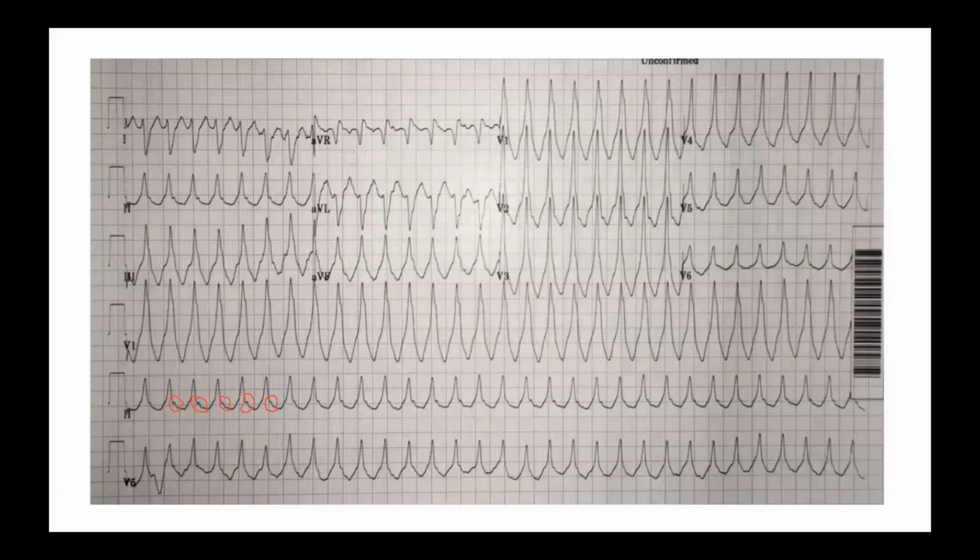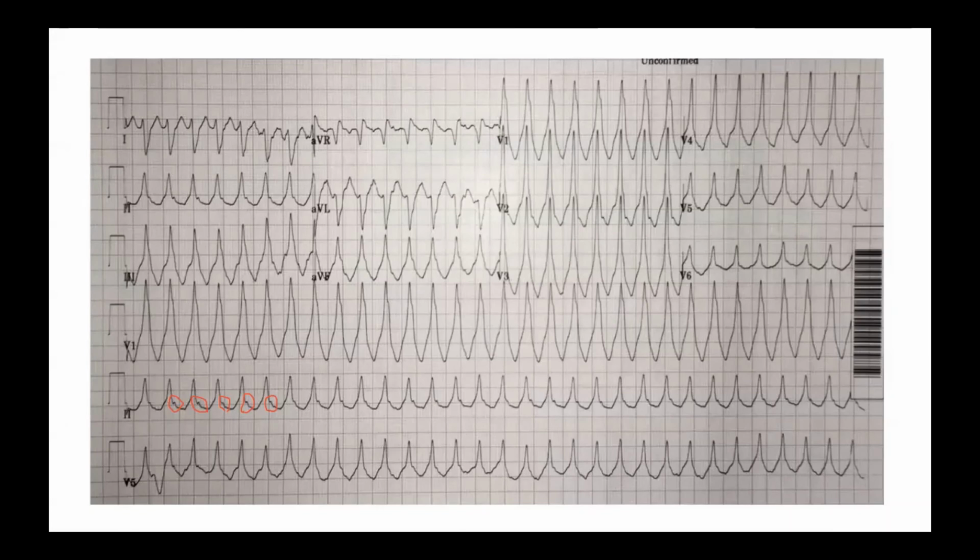So most likely SVT with aberrancy. What type of SVT? AVNRT, AVRT, atrial tachycardia? Antidromic AVRT.